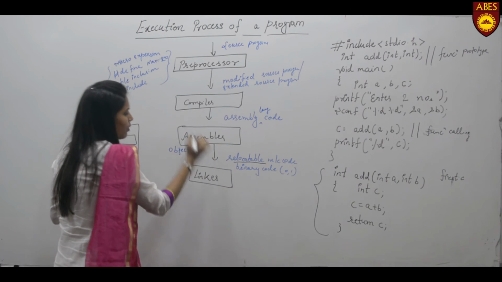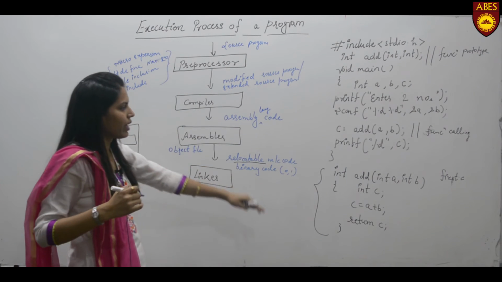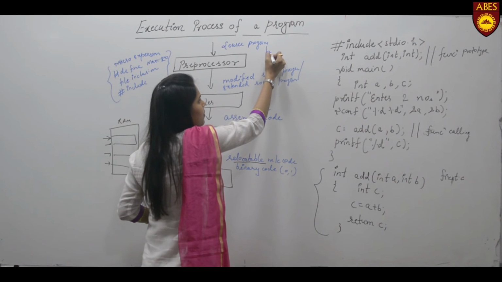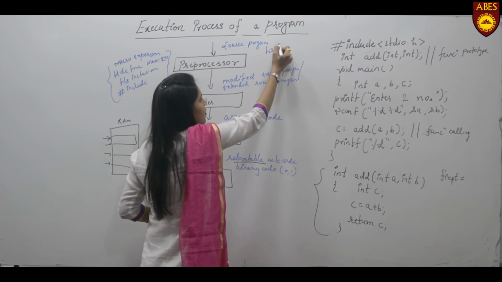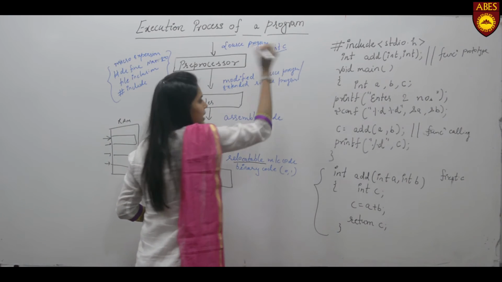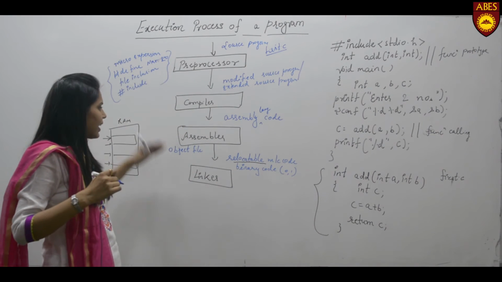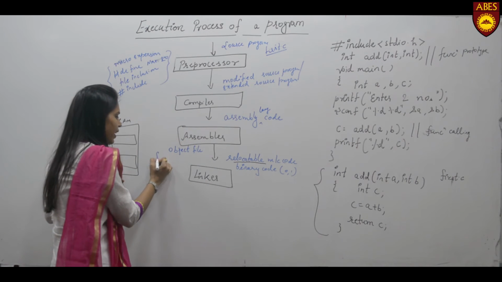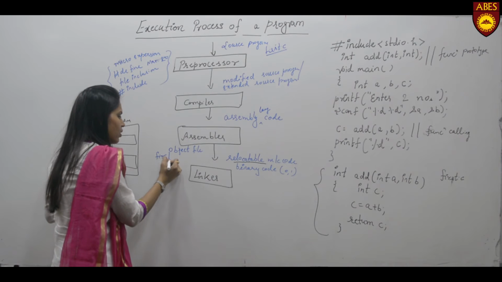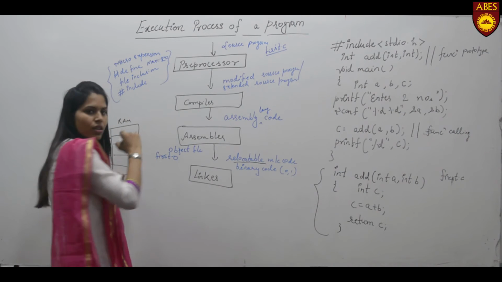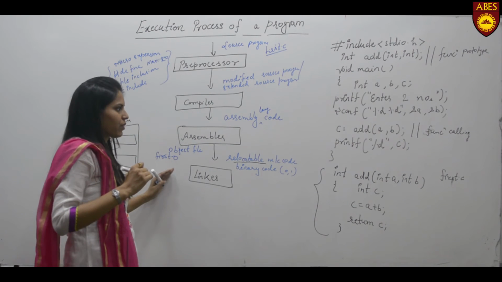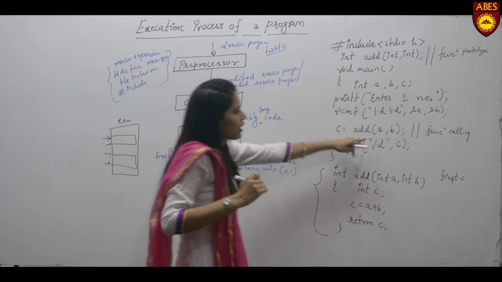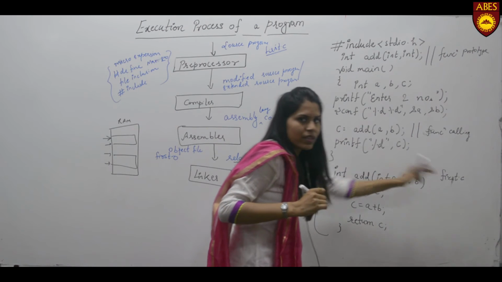Object file means we have input our program, that is the source program named first.c. Then the assembler will convert this first.c into the object file, that is first.o.